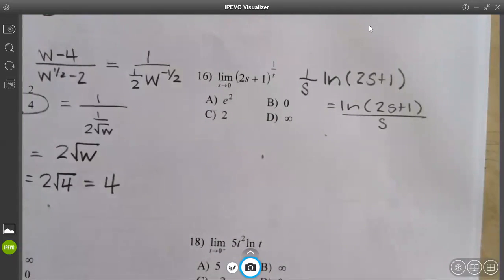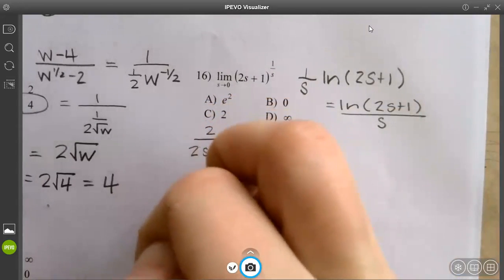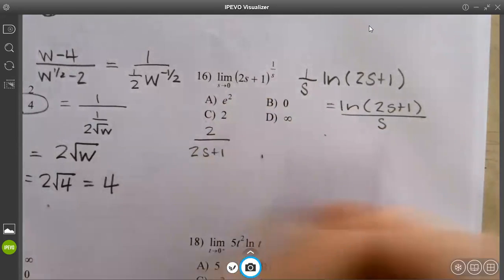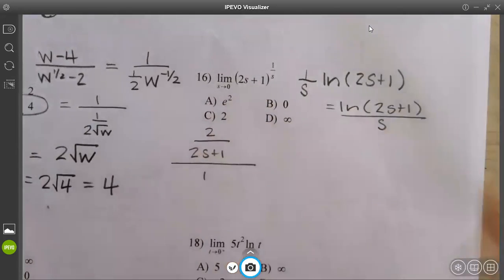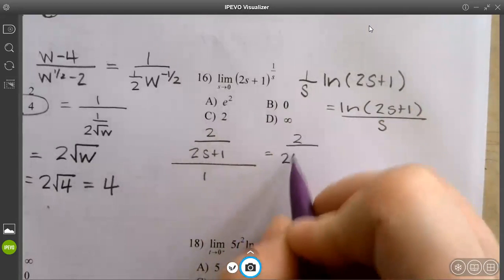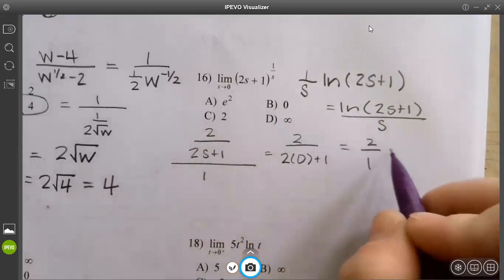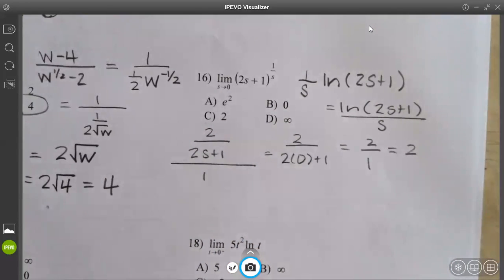Derivative of 2s plus 1, and then what's the derivative of s? It doesn't matter. We're going to direct substitute at this point. We get 2/1 or 2.